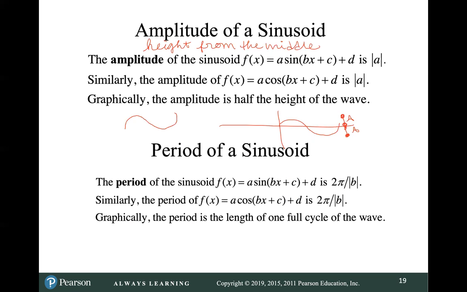If I translate my sinusoid up or down, then the amplitude doesn't change. It's always from the middle to the maximum and from the middle to the minimum. So we can take max minus min divided by 2.